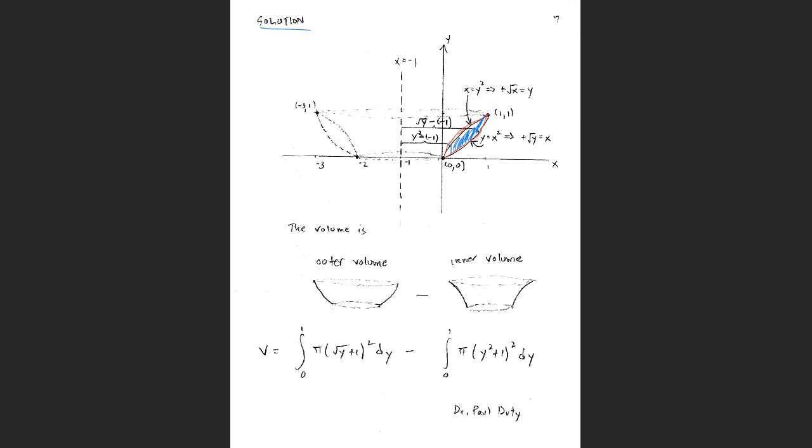And we're rotating that region about the vertical line x equals -1. If we rotate that about that vertical line, this will be the mirror image of that region.